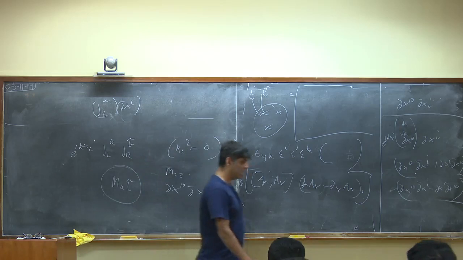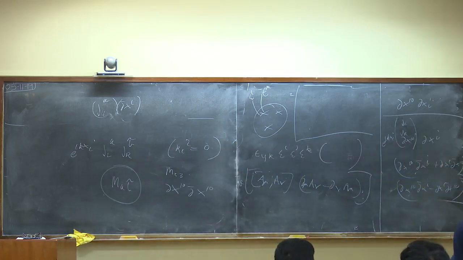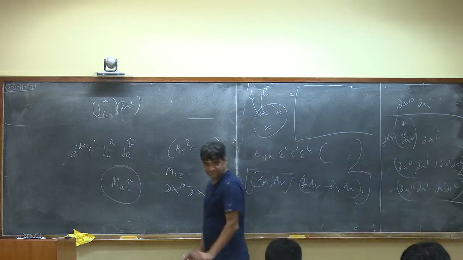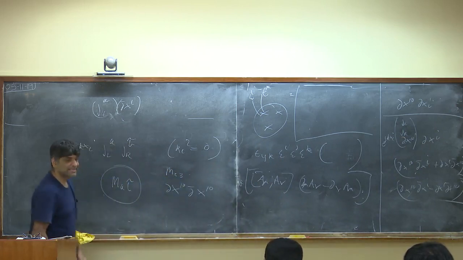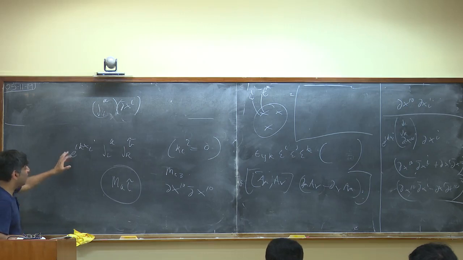Now, I want to know what the interpretation is. The first thing to say is this: we've got a set of 3 times 3, so 9 massless scalars at this self-dual point.